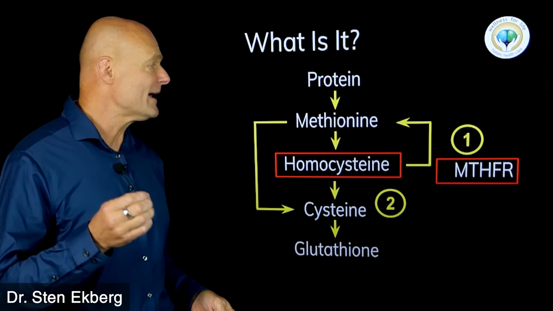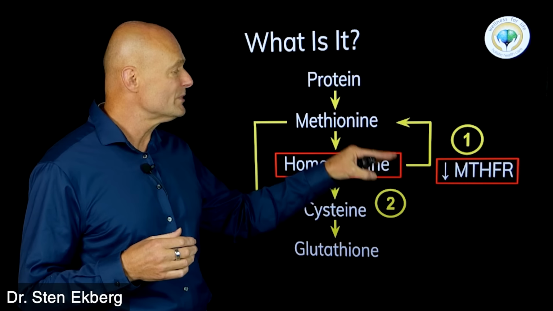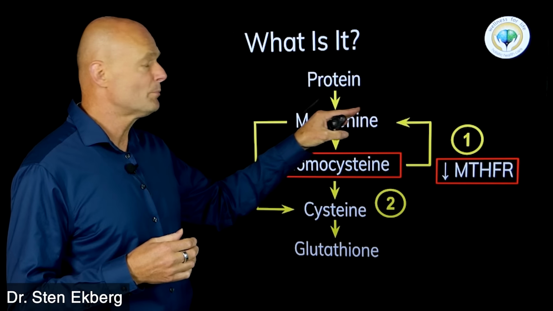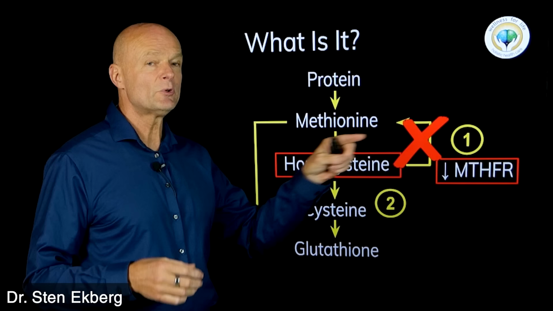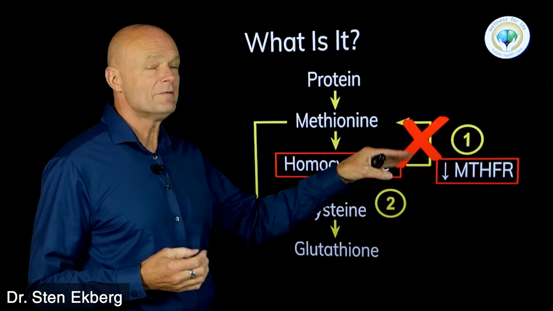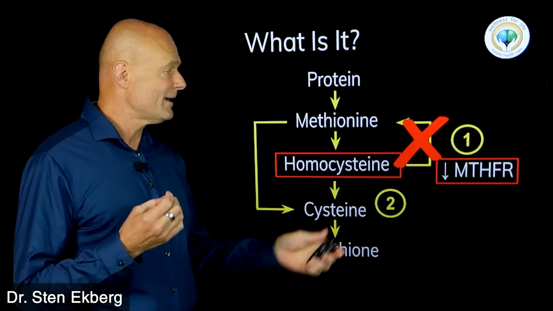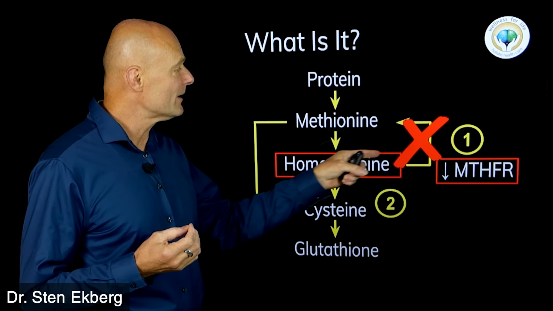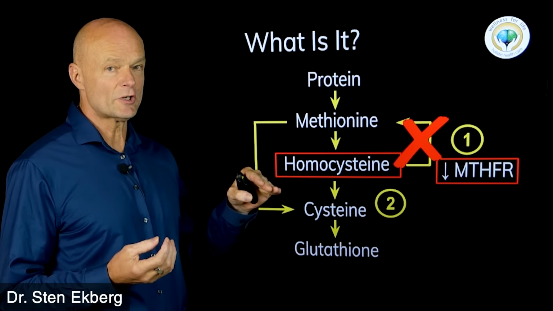And if you have that genetic variant, what happens now is that you have a reduced capacity to perform this recycling. So you basically stop to different degrees, and we'll talk about that as well. Some people have a severe reduction and some people have a moderate reduction. And if you have that gene, now your homocysteine levels are very likely to start building up.